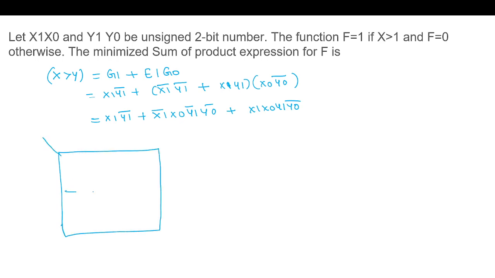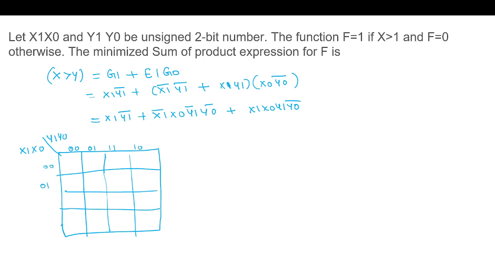And you know how to fill the expression into the K-map and perform the simplification. The simplified expression we can form.